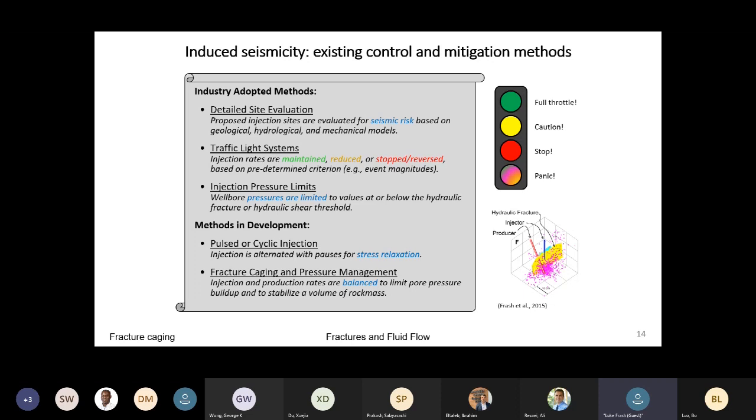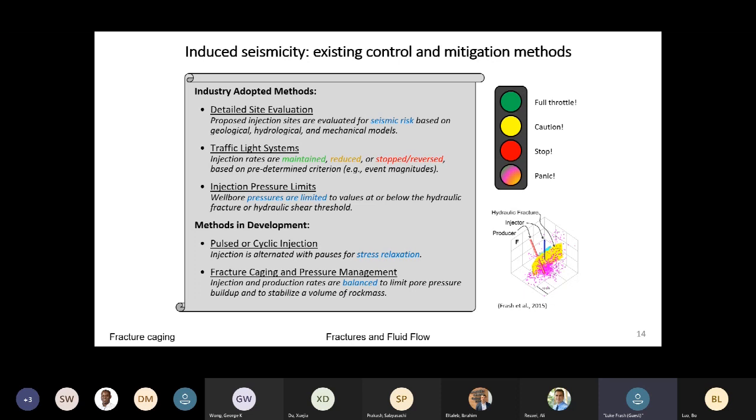So overall, the current approach to managing induced seismicity starts with really detailed site evaluation, trying to get a hand on the stress state, the fault lineaments, the potential strengths of those faults, in situ pore pressure, those kinds of things, to estimate how much disturbance the system can handle before it might slip and induce an earthquake.